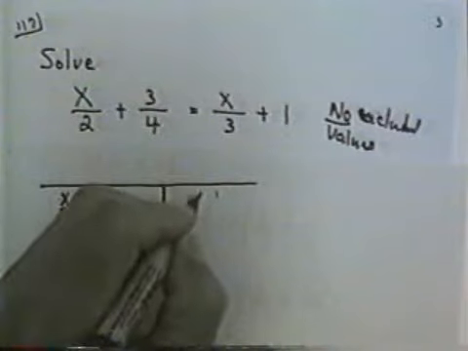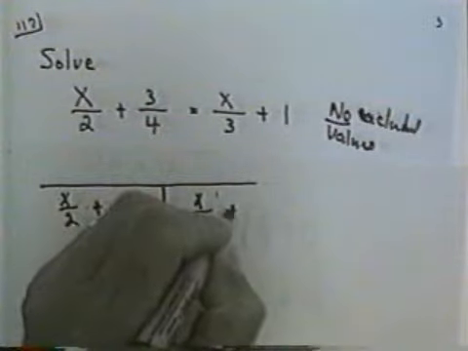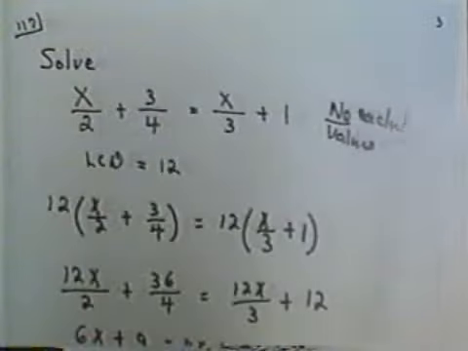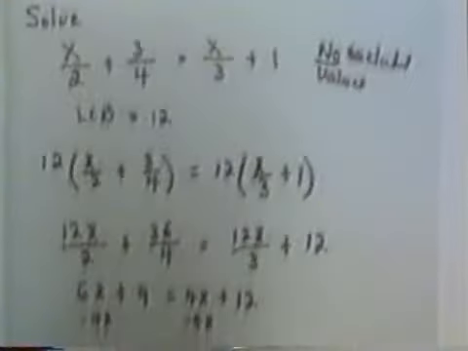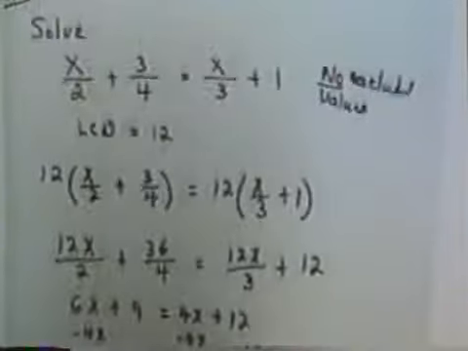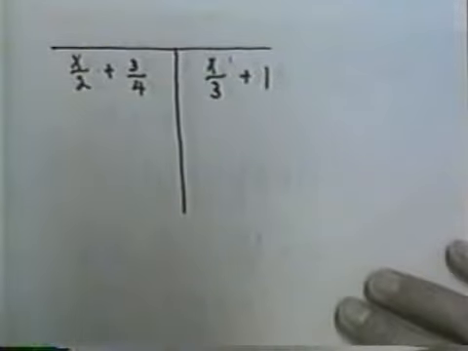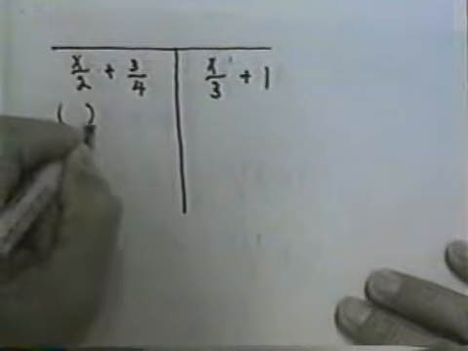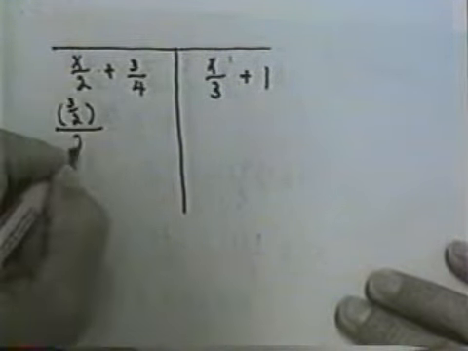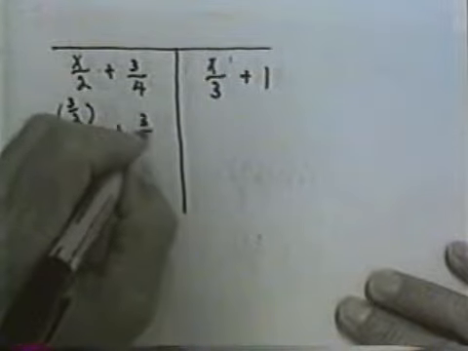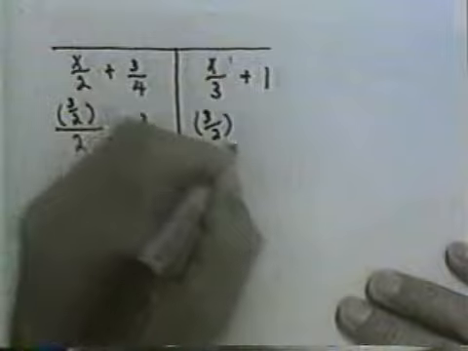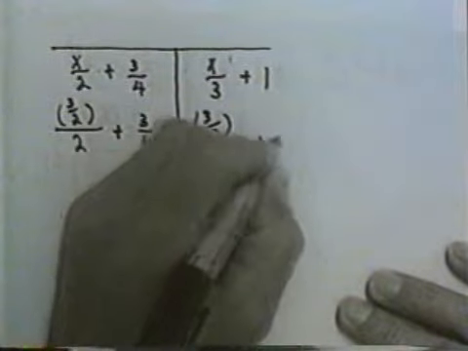On the other side I'm going to put x over 3 plus 1. Now after solving it, we got that x is 3/2. So I think that x is 3/2. So I'm going to replace the x by 3/2. So I have 3/2 divided by 2 plus 3/4. Here I would have 3/2 divided by 3 plus 1.